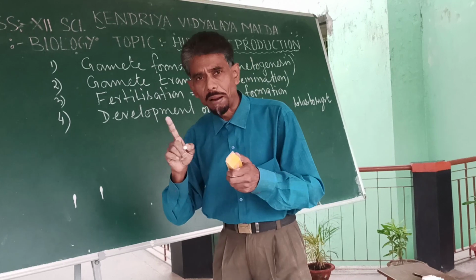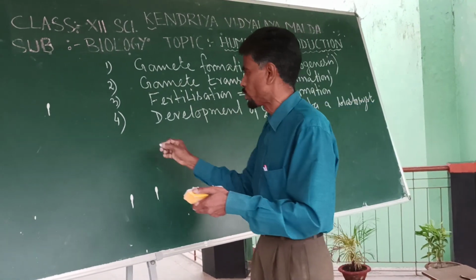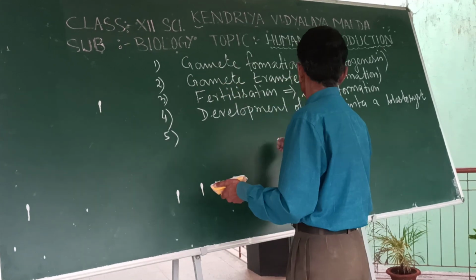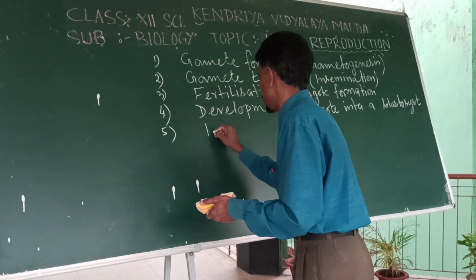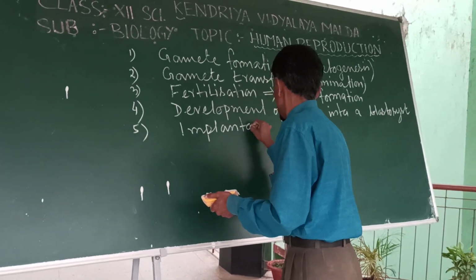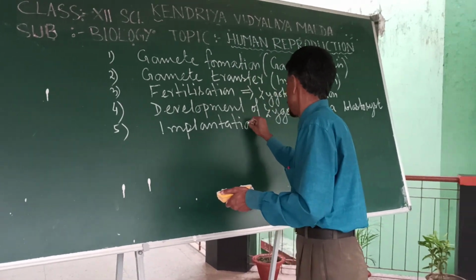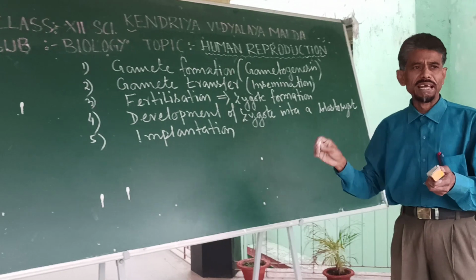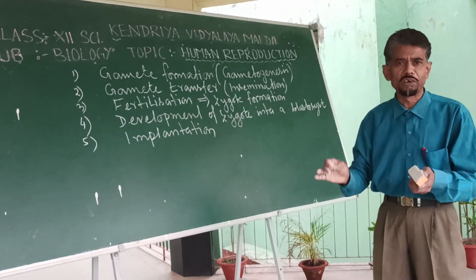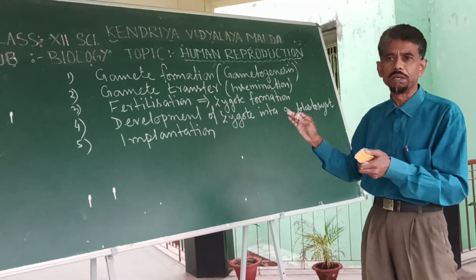Next, implantation of blastocyst within the endometrium of uterus. Implantation. That means the zygote will implant within the endometrial wall of uterus.